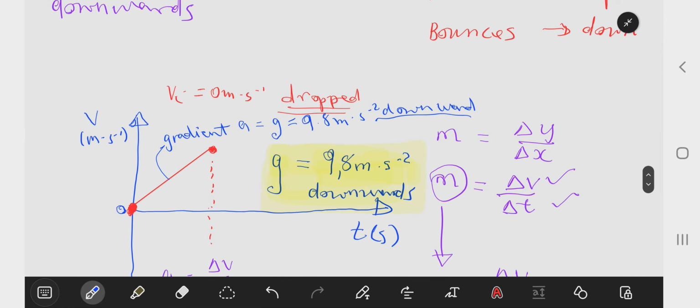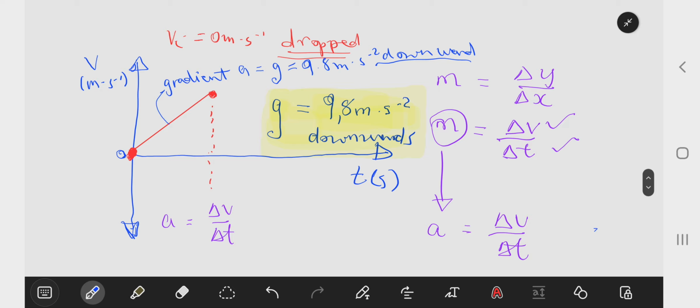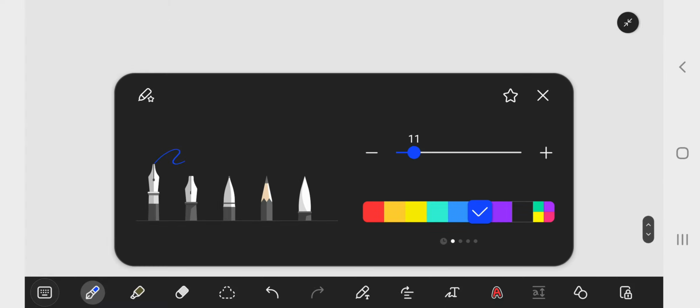All right, so now let's go back to this graph. If we look at this graph, we have explained property number 1, which is your gradient. Now let us explain property number 2.